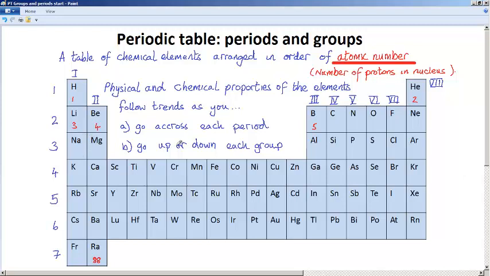For example, just to take a physical property such as the diameter of each atom in the periodic table, or the atomic radius.